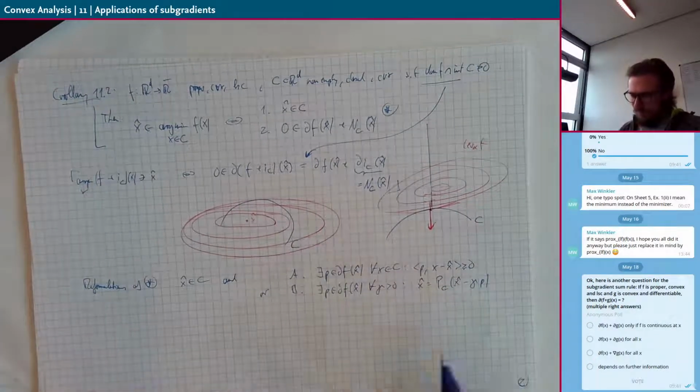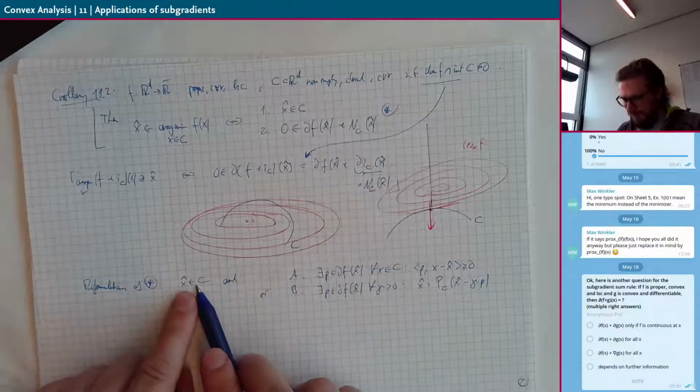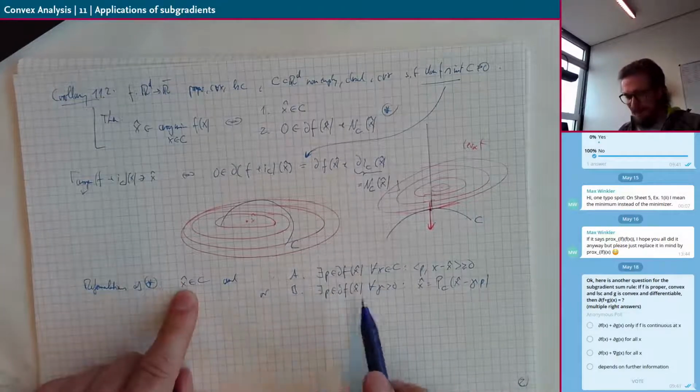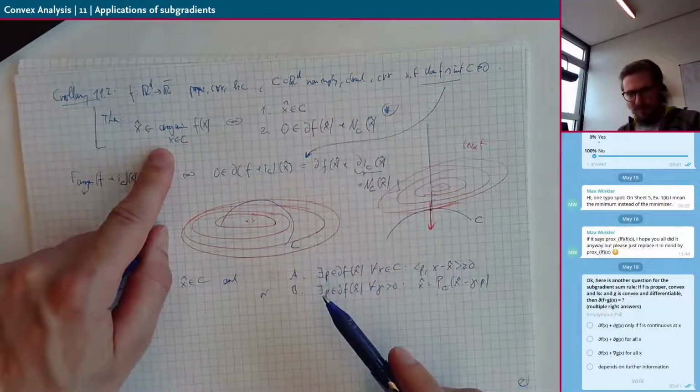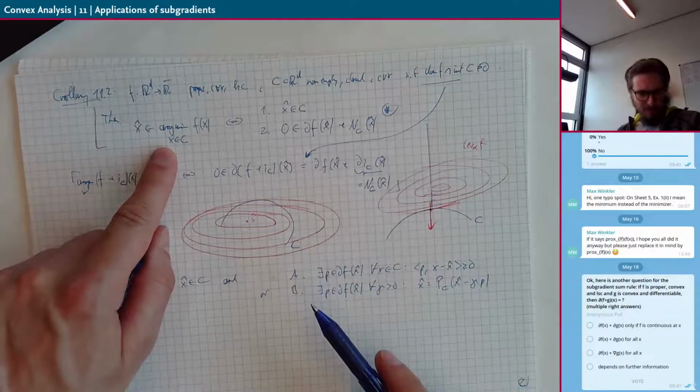Of course they are equivalent, so both can be fulfilled at the same time. Being in the set C and this, or being in the set C and that, both are equivalent to optimality, and both characterize optimality for the constrained minimization problem.